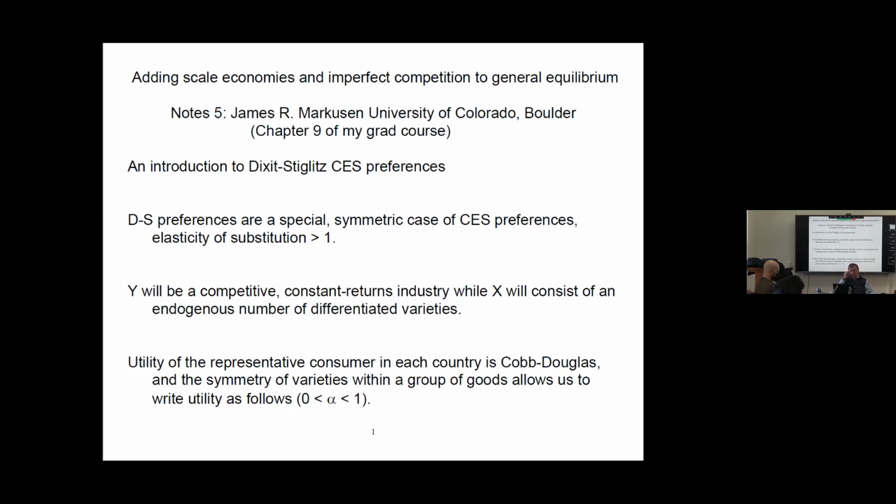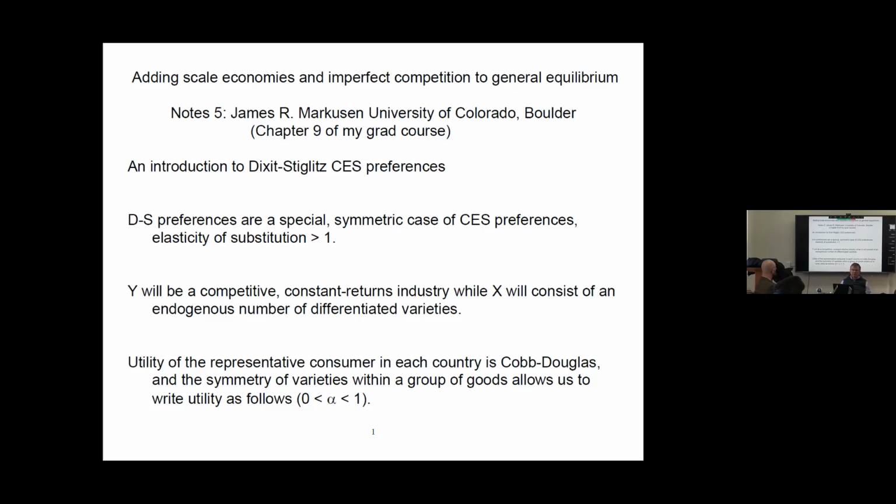Okay, so most of you have heard the phrase, the Dixit-Stiglitz CES preferences. Their original paper was much broader than what is now just called Dixit-Stiglitz preferences, but basically these are CES preferences with an elasticity of substitution across goods greater than 1. It has to be greater than 1 because you're going to endogenize the number of goods that are actually produced.